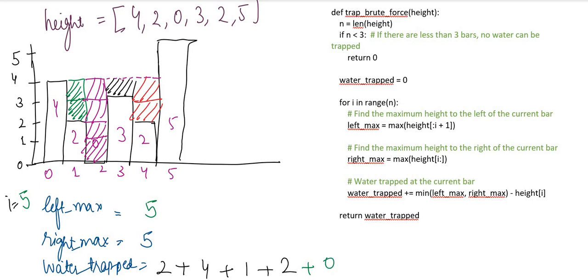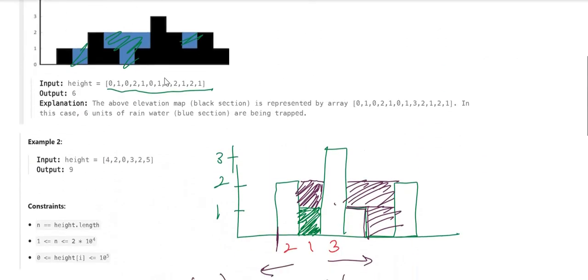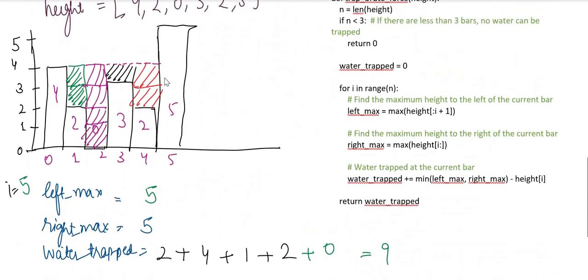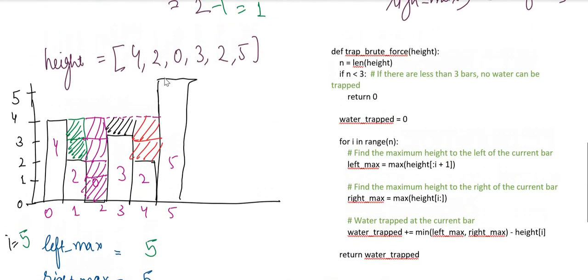If you add up 4 plus 2 is 6, plus 1 is 7, 8, 9, the answer is 9, and in the question we are also returning the value 9. But this approach takes too much time complexity. This is the brute force approach.